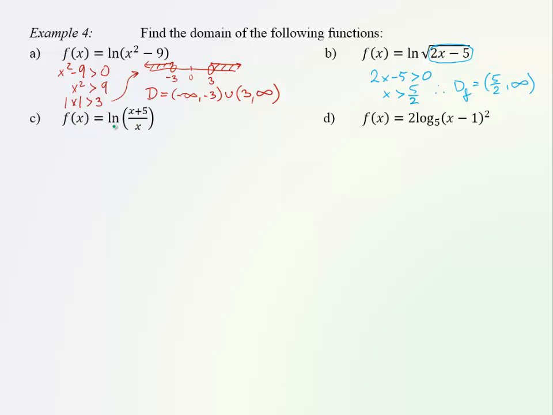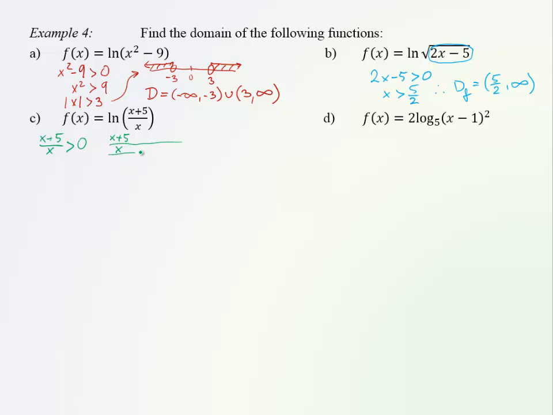In the next example, again, our input must be positive. So (x plus 5) over x must be bigger than 0. But this is a rational inequality, so we actually need to consider two cases. When x plus 5 changes its sign, that happens at -5, and when x changes its sign, that happens at 0.